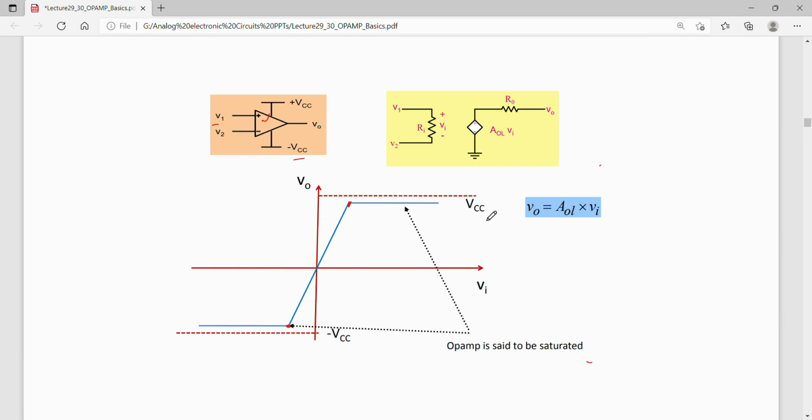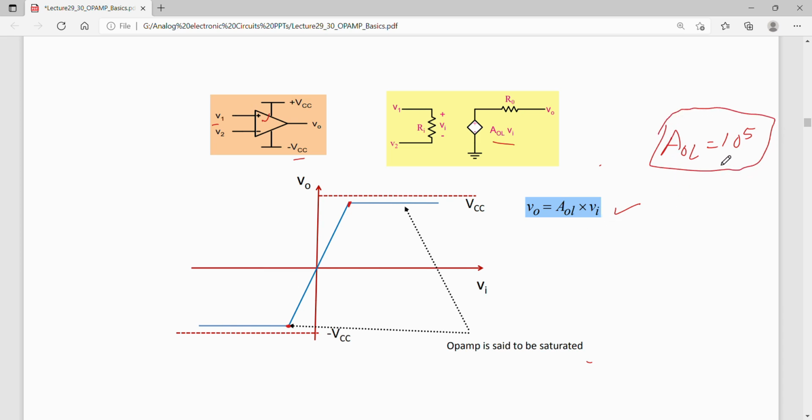In it, the output voltage V0 equals the open loop gain multiplied by the differential input, that is Vi1 minus Vi2, multiplied by the open loop gain, which we have assumed to be very high, 10 to the power 5.